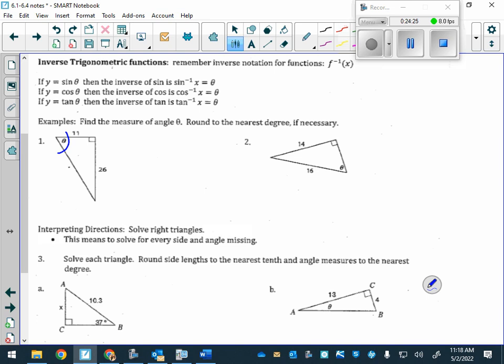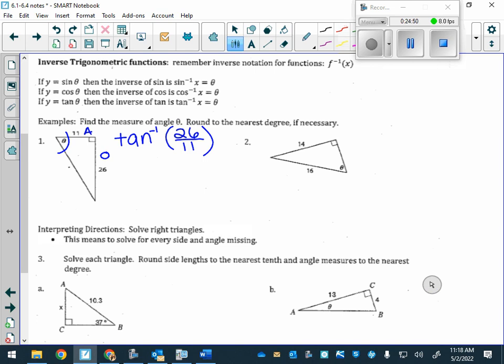So if this is theta, what trig ratio would we use? We're given these two side lengths. Tangent, because we have opposite and adjacent. So the inverse tan of 26 over 11.